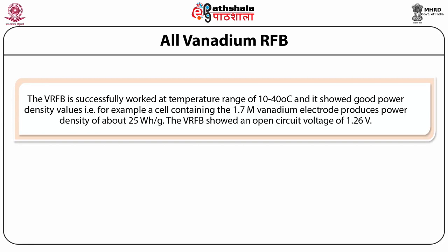For example, a cell containing the 1.7 molar vanadium electrode produces power density of about 25 watt-hour per gram. The VRFB showed an open circuit voltage of 1.26 volts.